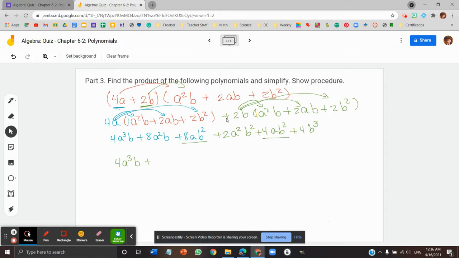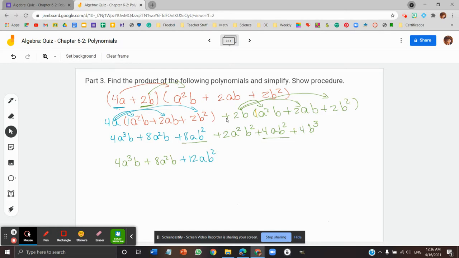I'm going to combine those two. Let's see. We're going to have a b. Now let's combine those two: 8 plus 4, that will be 12, plus 12 a b to the second.